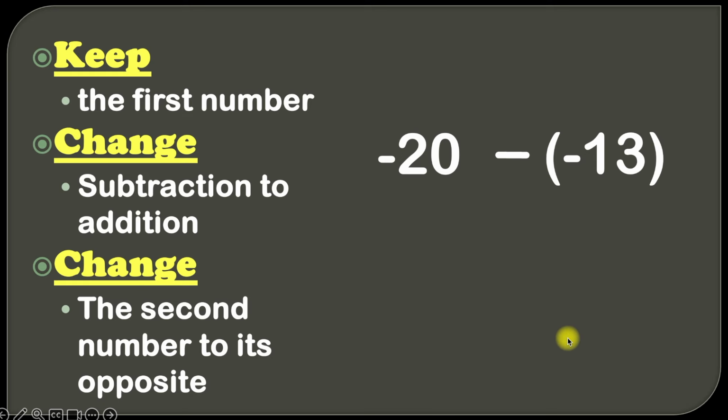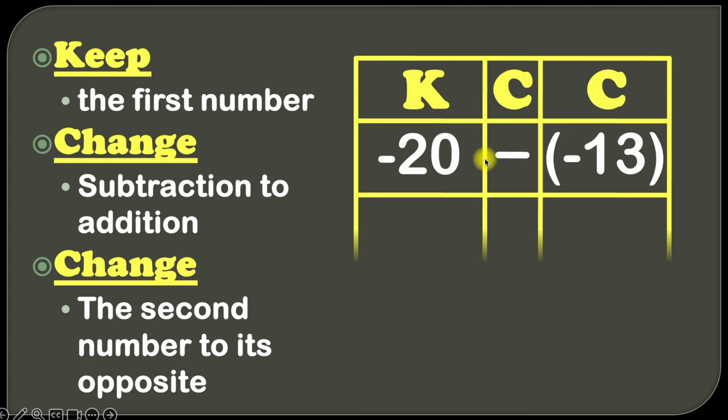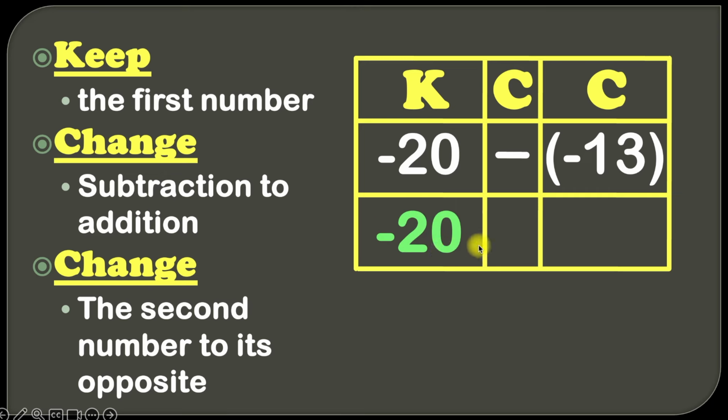Here's our next example. Because we're subtracting integers, we can use a KCC chart. This K stands for keep, so this negative 20 will keep exactly the same. This C stands for change, and remember that we're changing subtraction into addition.